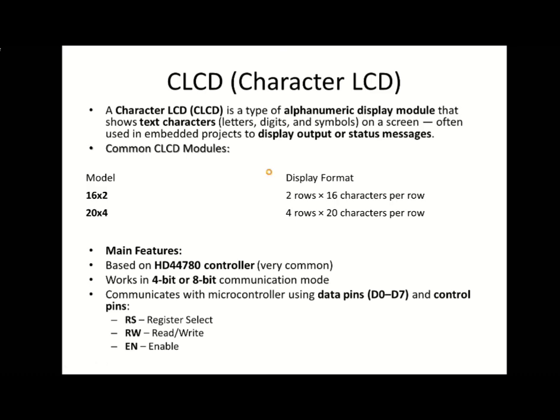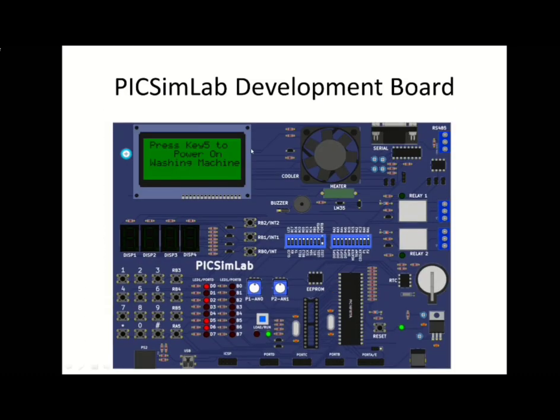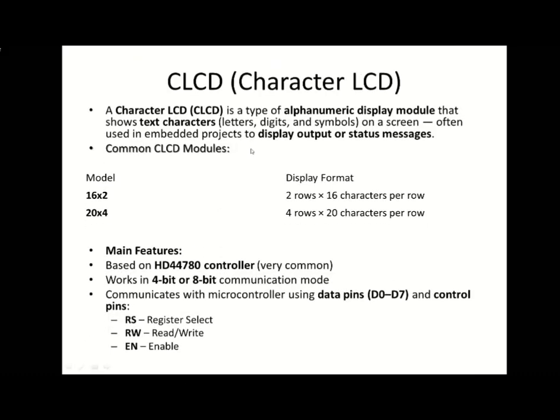So as I mentioned here, this is the CLCD screen. Now let us see what is CLCD, which is called the character LCD. A character LCD is a type of alphanumeric display module that shows text, characters, letters, digits, and symbols on a screen, often used in embedded projects to display output or status messages.